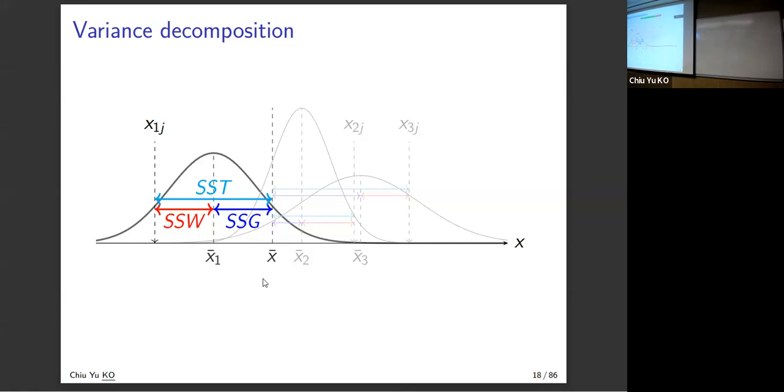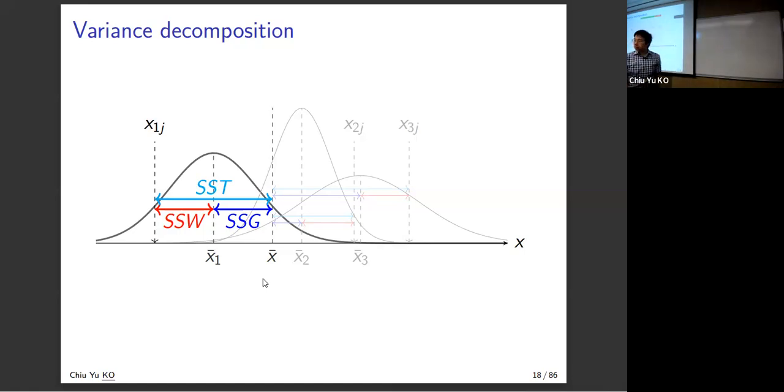So the idea is that if the group means are very different, the variation between groups should be much larger than the variation within groups. Because if there's actually no difference, they should be the same.